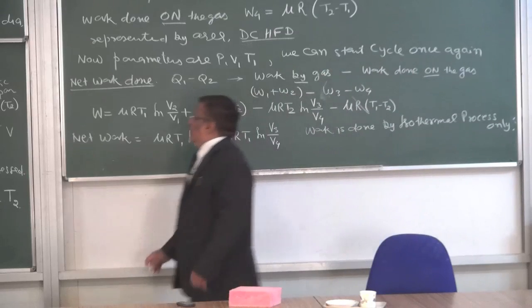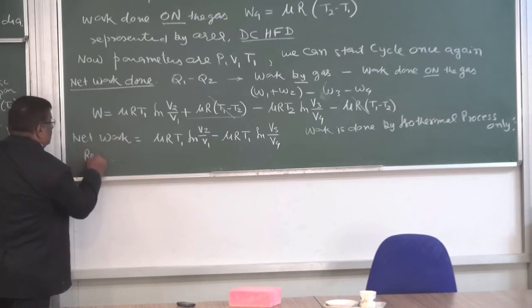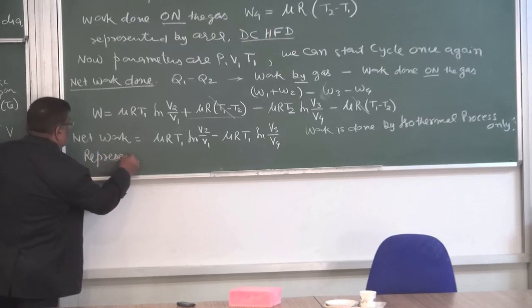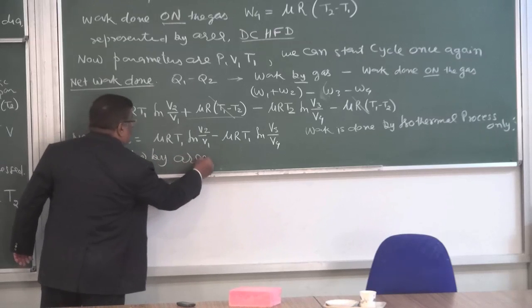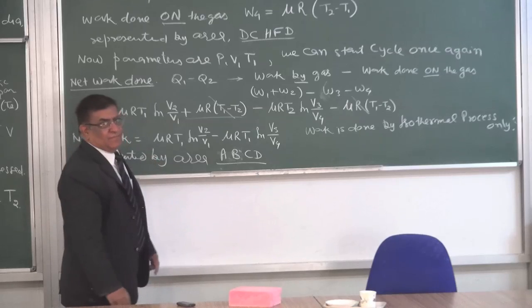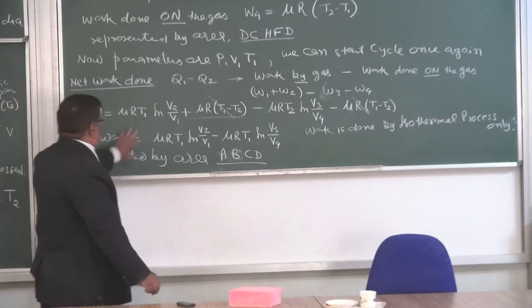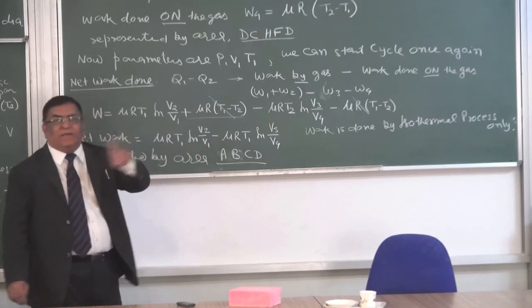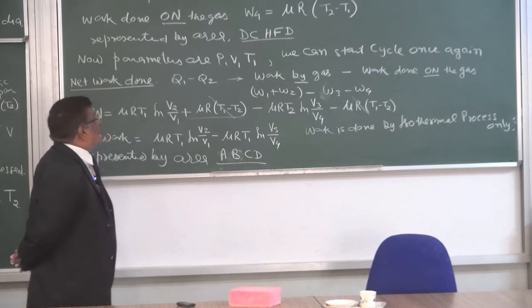This is the net work done. It is represented by which area? Represented by area CD, what you see in this graph. This is the net work done by this area, the net work done in one cycle of the Carnot engine.